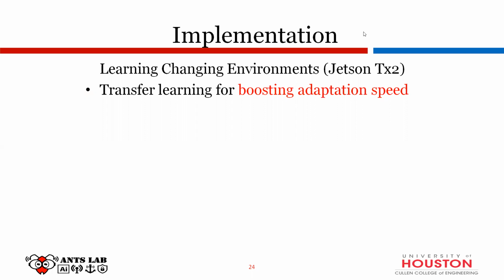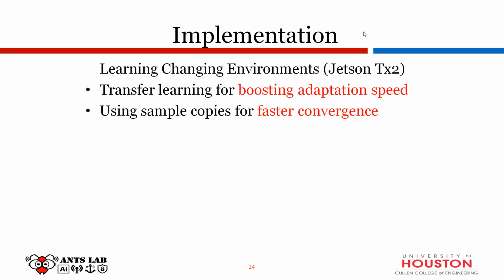So they do some transfer learning and use sample copies for faster convergence. The Jetson TX2 is under environmental changes, so it just changes constantly. It's outdoors, and it's warm or cold, whatever. They will be showing how the results go.